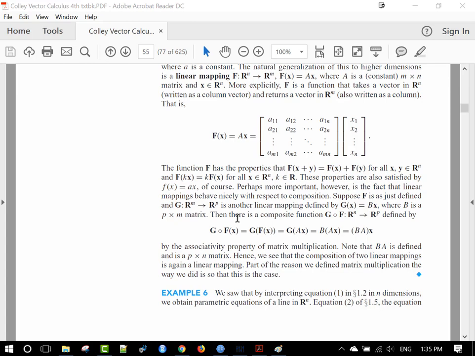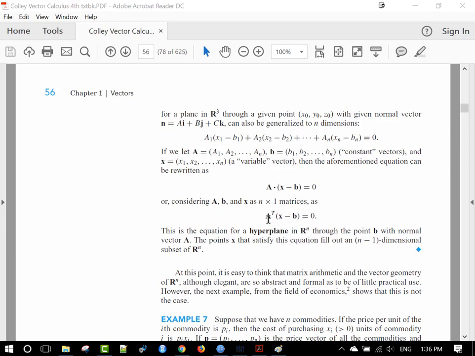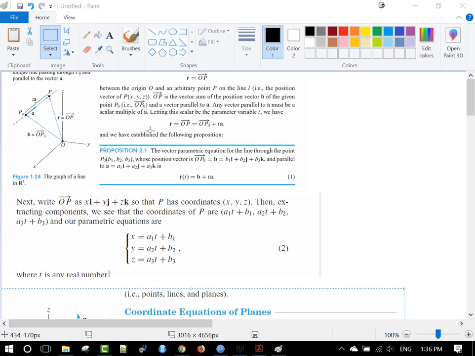Okay, so now we're going to go back to when we wrote the equation for a plane, and we're going to see that we can write a nice equation for a plane in Rn. And that equation is going to look like this. It is going to be called a hyperplane, where x is in Rn. So let's see where that comes from. Remember before in chapter 1, section 2, I think it was, we had the vector parametric equation for a line.